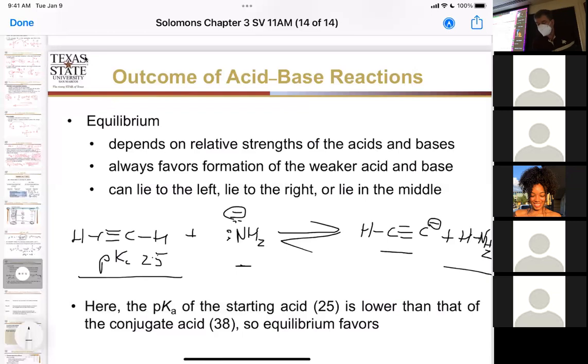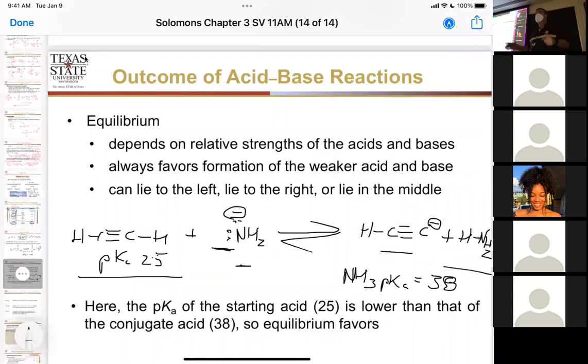In this case, this ammonia, NH3, I drew it kind of funny to show you the proton was transferred to those electrons. The pKa is 38. Which one's stronger, 25 or 38? 25 is stronger. The lower number is stronger.